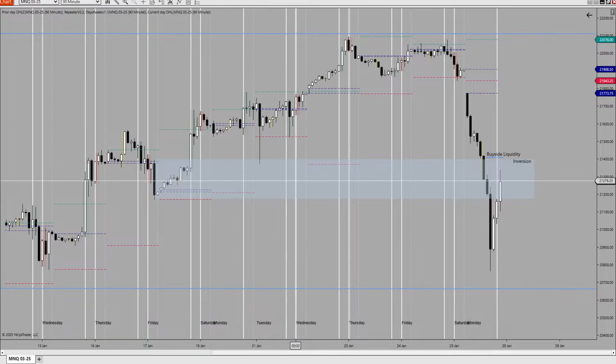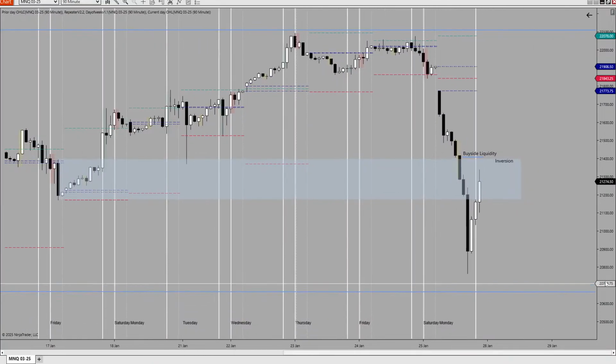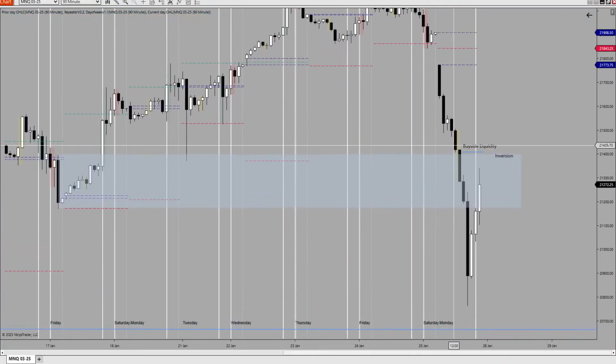So when you extend this ahead, we have this fair value gap over here, and a small down close, what you can call the fair value gap. So this is where we expect that resistance to come in.